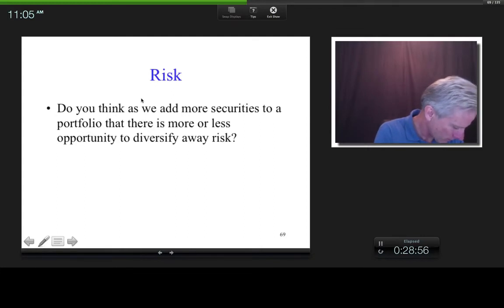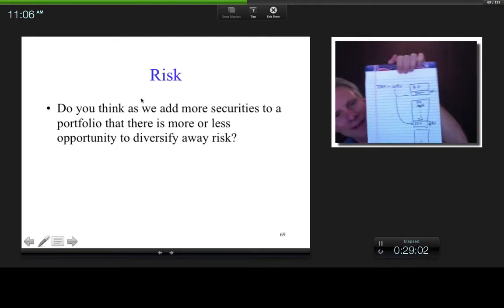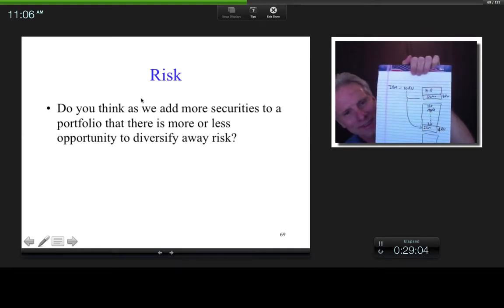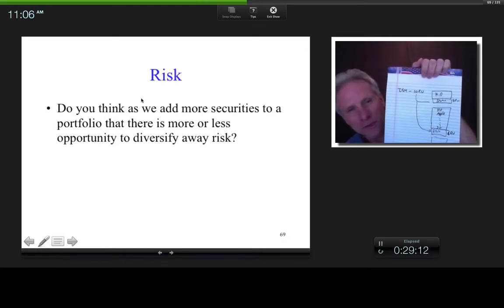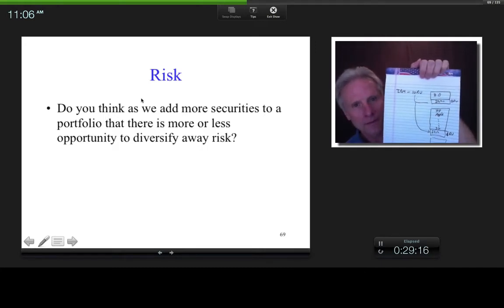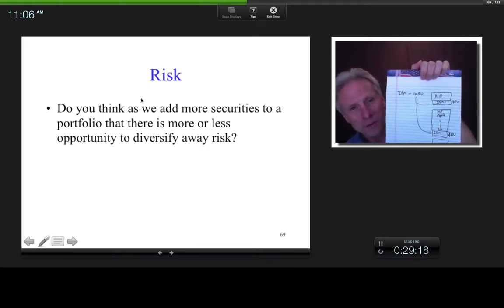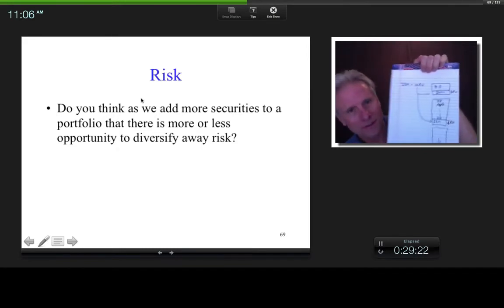But even when you add IBM to an infinite number of financial securities, I suppose I should say infinity minus 1, is IBM still going to contribute some risk, or does it magically become risk-free? It'll still contribute some risk, right? And so maybe it adds 3 risk units.